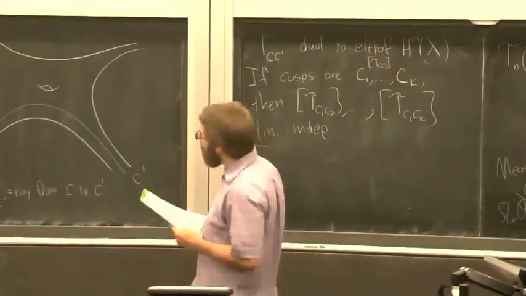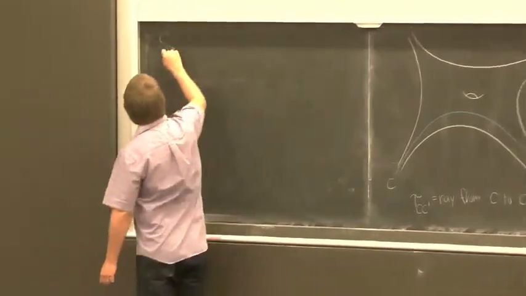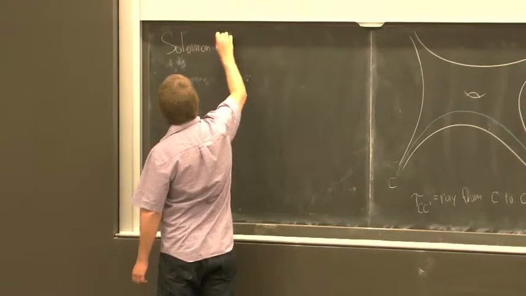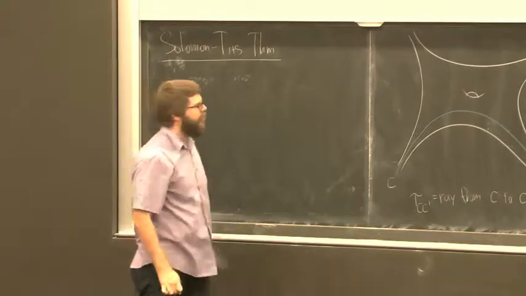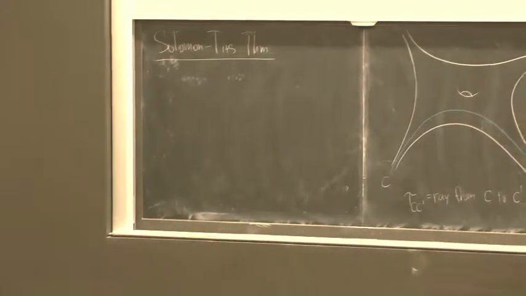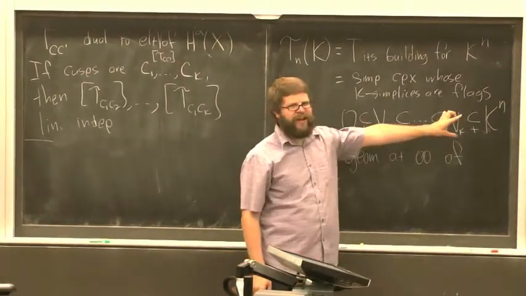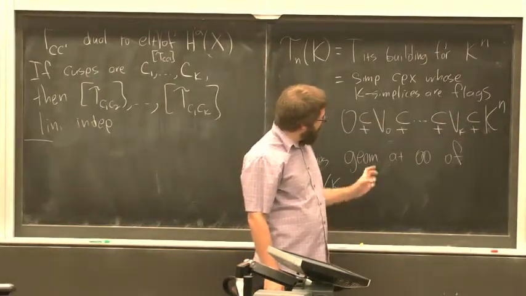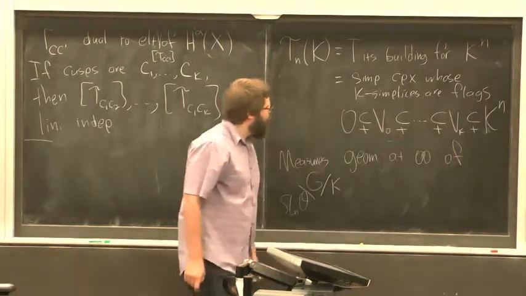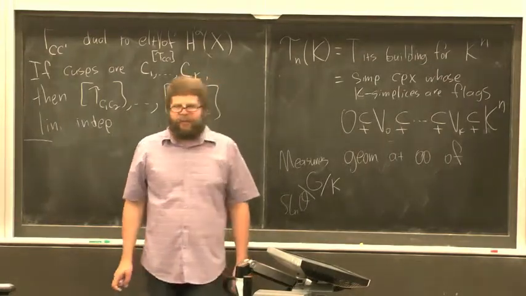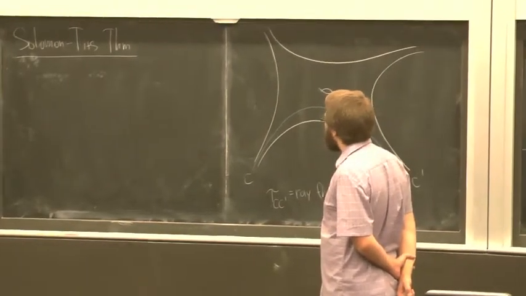But let's see. So what does the Solomon-Tits theorem say? Well, what's the dimension of this Tits building? The dimension is 1 minus the number of elements in a maximal flag. The maximal flag has n minus 1 elements in it, because they're proper non-zero subspaces. And so therefore, the dimension is n minus 2. The Solomon-Tits theorem says that it's n minus 3 connected.